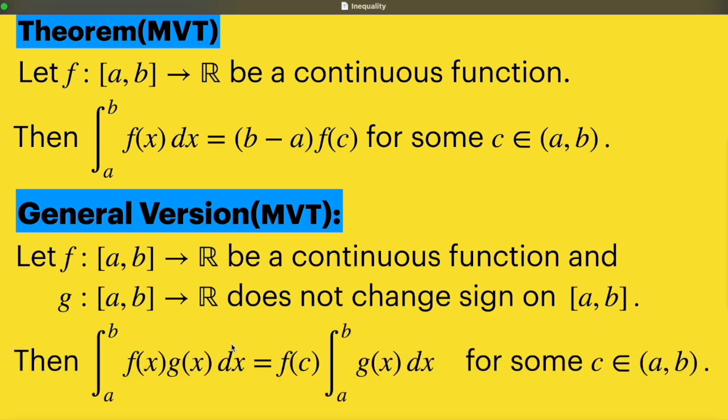Then the integral from a to b of f(x) g(x) dx is f(c) times the integral from a to b of g(x) dx, where c is some point in the open interval (a,b). The first MVT is a particular case of this general version: you can just put g(x) equal to 1 and you will find the previous MVT. So this is the general version, and we shall use it.